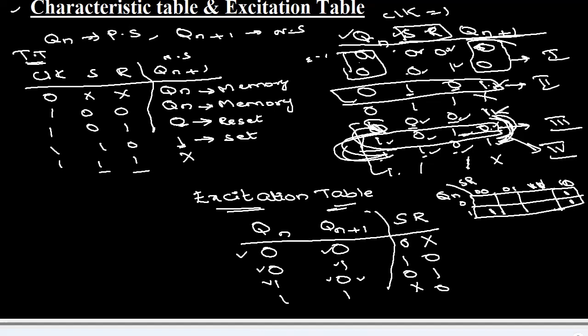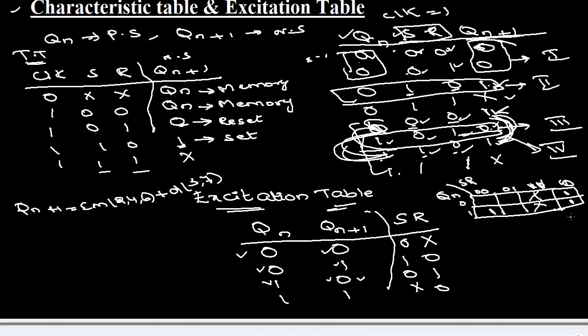Here don't care is also there. So I am writing the expression: Qn plus 1 equals sigma m of 2, 4, 6 plus don't care of 3 and 7, the third and seventh values.